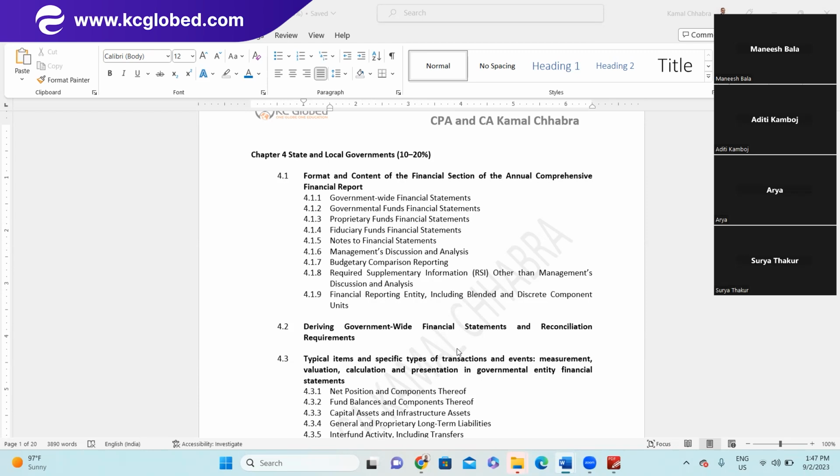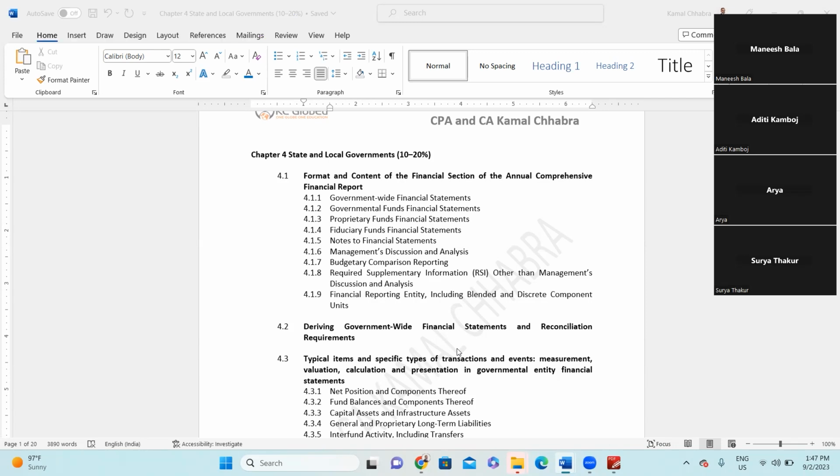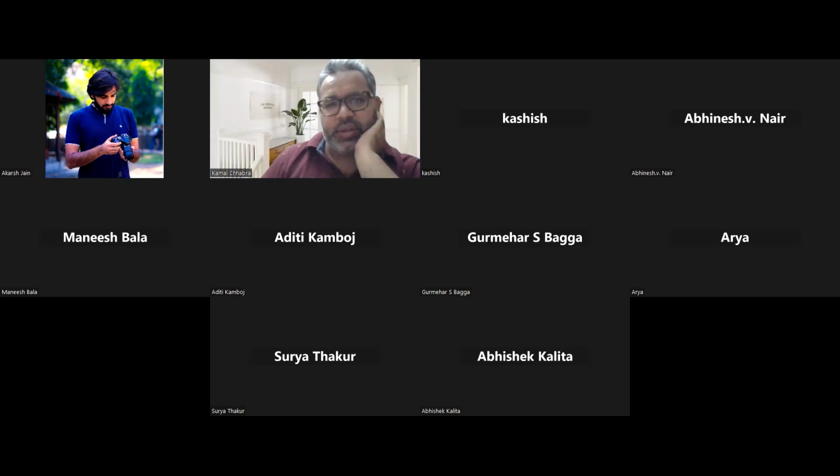That is allocated by the CAG, right? Even though the course matter is wide, the practical application is limited, that is the reason the weightage is less, right? So maybe we can close the class here.